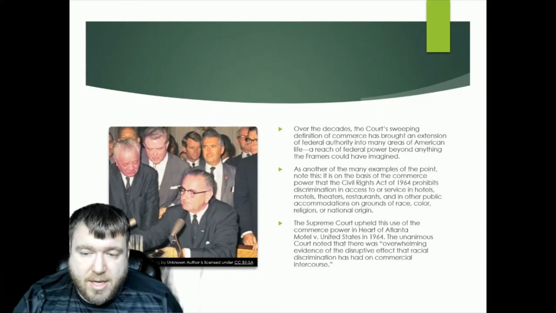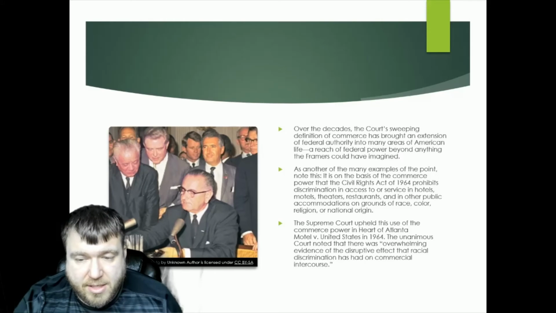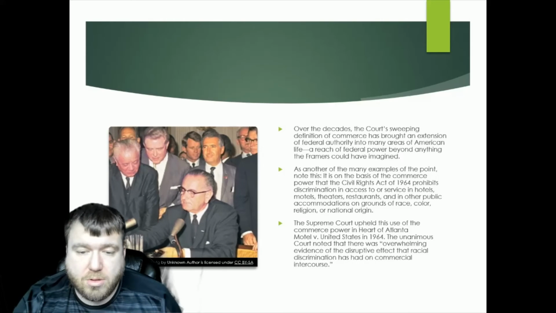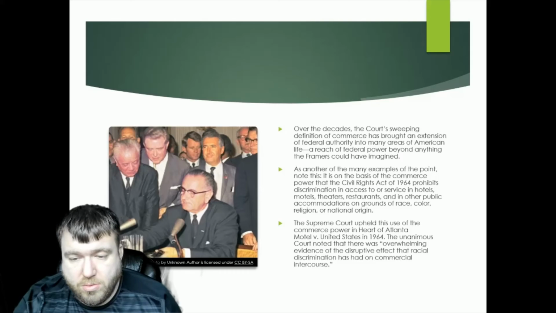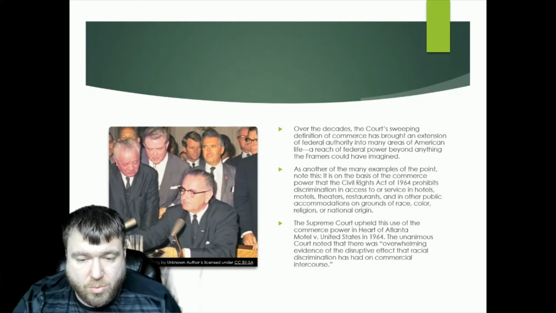As another of the many examples of this point, note this. It is on the basis of the commerce power that the Civil Rights Act of 1964 prohibits discrimination in access to or service in hotels, motels, theaters, restaurants, and in other public accommodations on grounds of race, color, religion, or national origin.